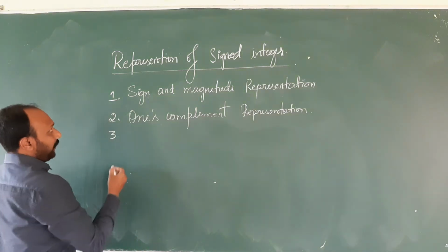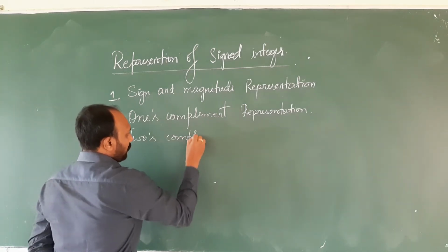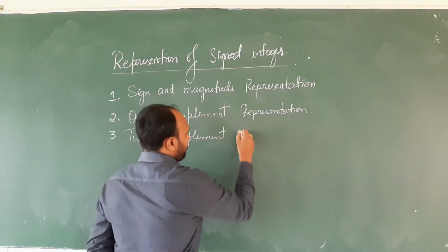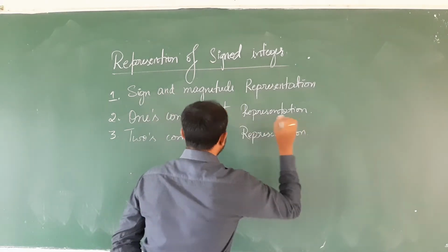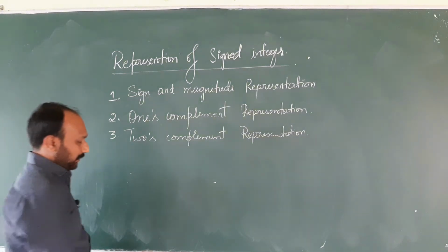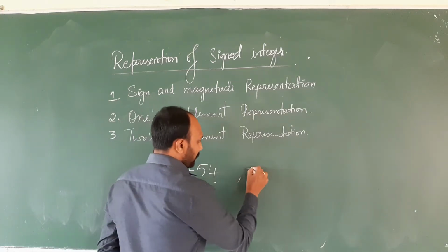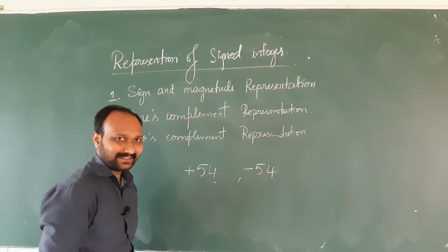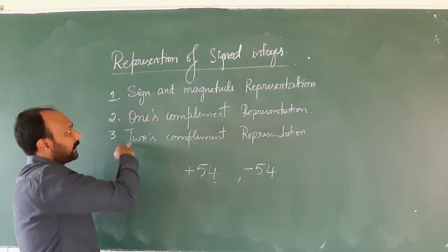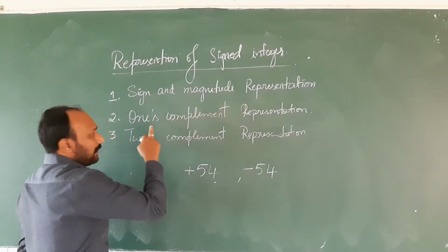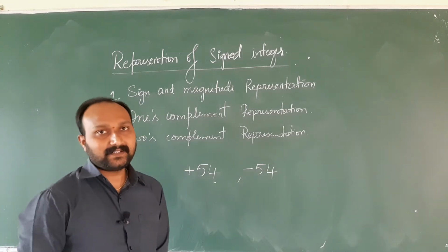And the third way is to represent it using twos complement method of representation. Okay, so if I want to represent positive 54 or else if I want to represent negative 54, then that can be achieved in any one of these methods. Either I can go with sign and magnitude representation, or else I can choose ones complement representation, or I can go with twos complement representation.